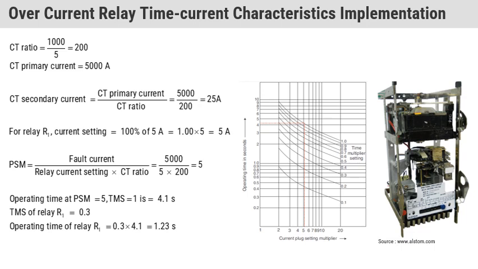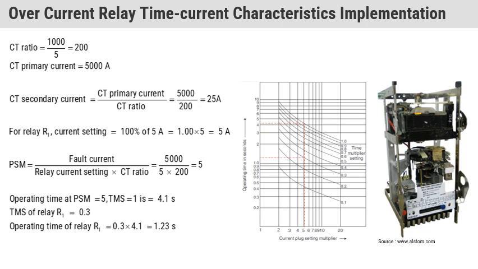By using this graph we can calculate the TMS for R1 and the operating time. The operating time of relay R1 is the multiplication of the TMS of R1 and the operating time. So we get 1.23 seconds.